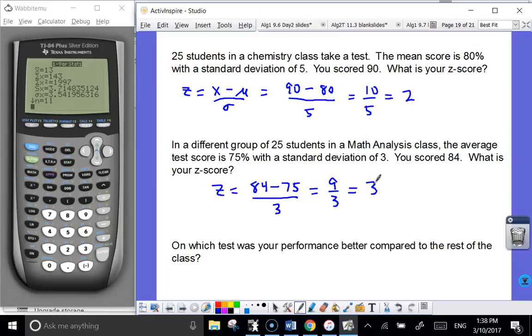So now you scored 3 standard deviations above the mean. So on which test was your performance better compared to the rest of the class? For the math analysis, you were 3 standard deviations above the mean.